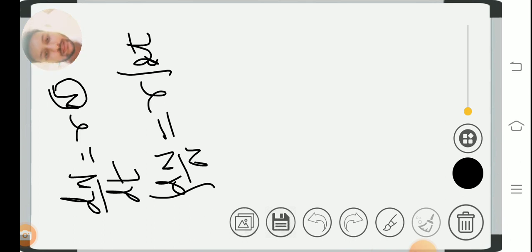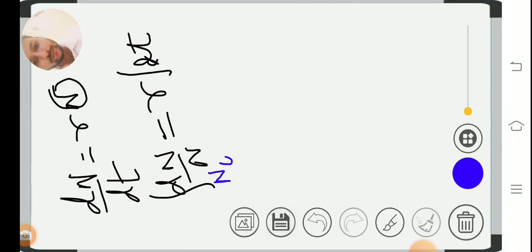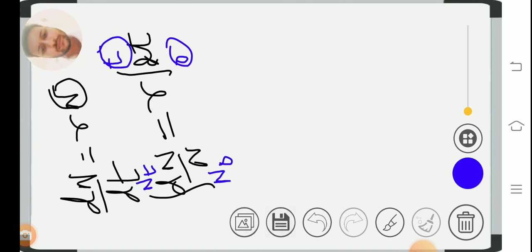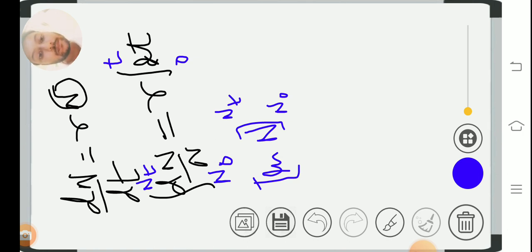Okay, N naught to Nt, and for the integration over dt, we have to use time 0 to t, from time initially 0 to some instant of time t. Okay, now let us integrate in the same fashion as we did. This thing becomes ln N, and due to the presence of the limits, here we have to put N naught and Nt, from an initial number N naught to a final number Nt.